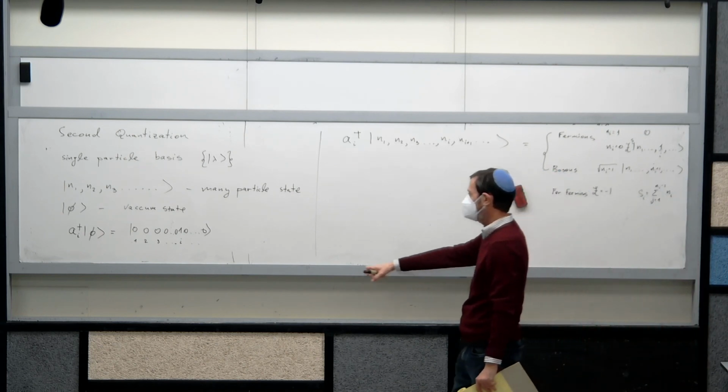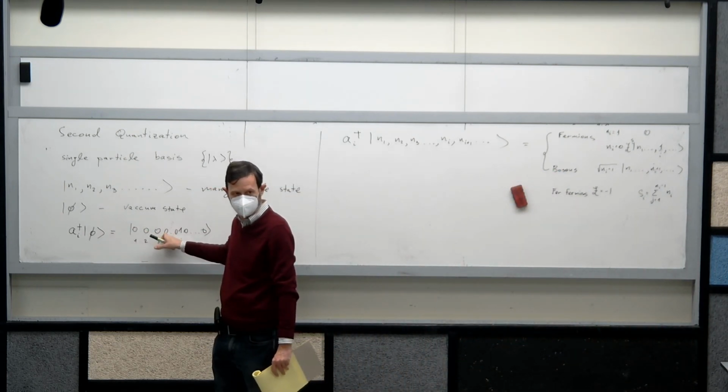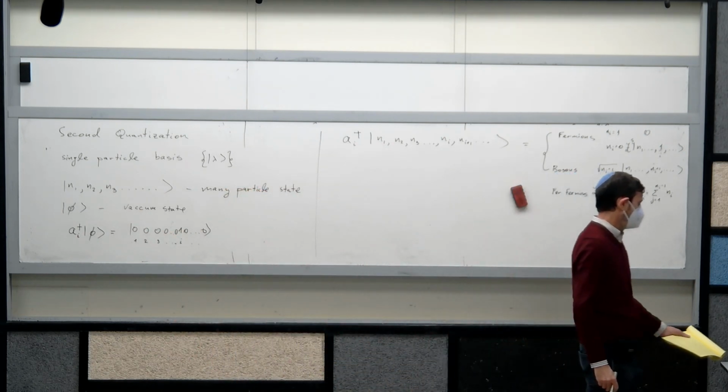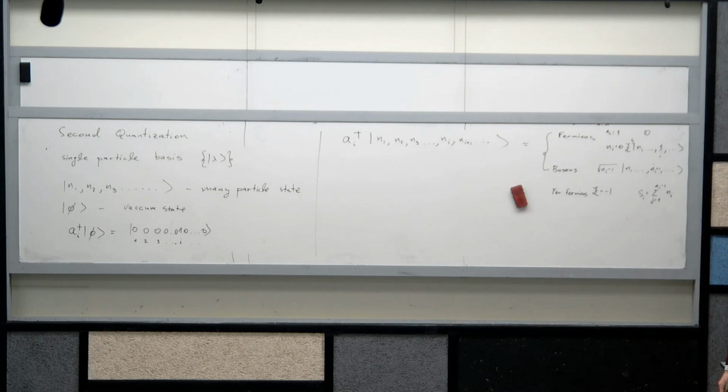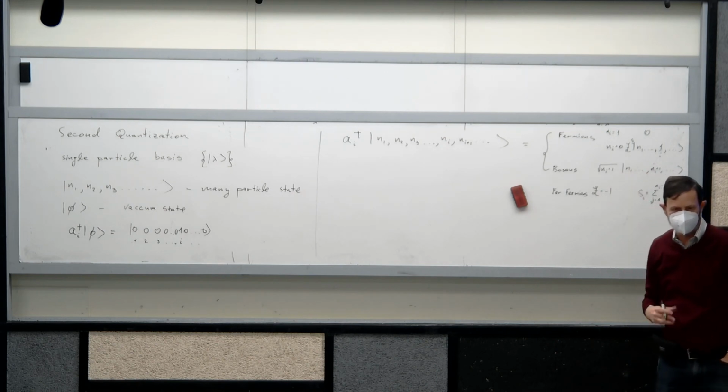For this simple case, I have 0 up to 0, and -1 to the power of 0 is just 1. Okay, for bosons, always I can add an additional particle, no problem.